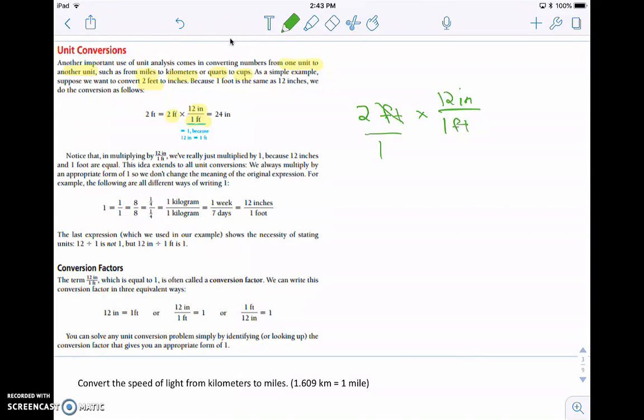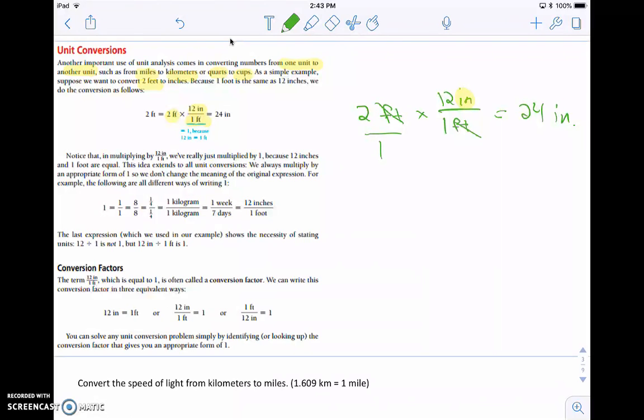The feet cancel, and the unit I'm left with is inches. Then I multiply my numerators together, 2 times 12 is 24. My denominators, 1 times 1, is 1, and I'm left with 24 inches. That's the basic idea of unit conversions.